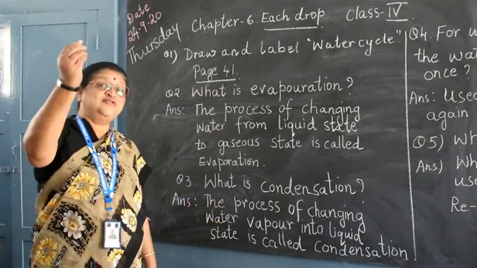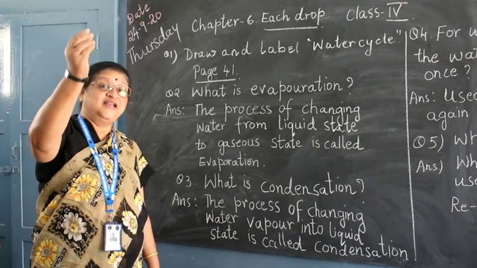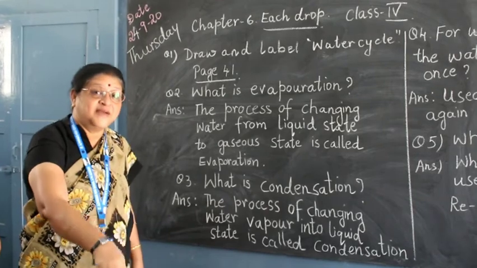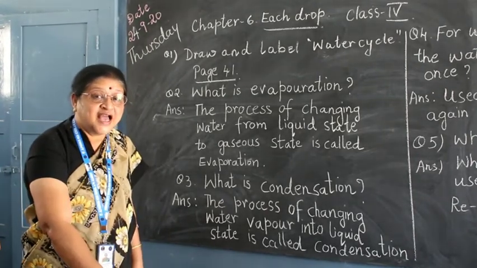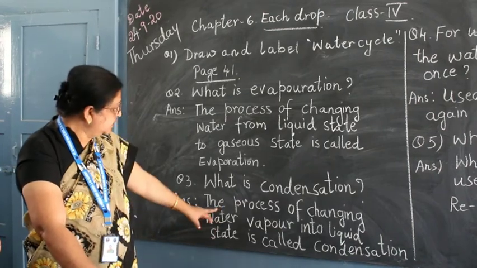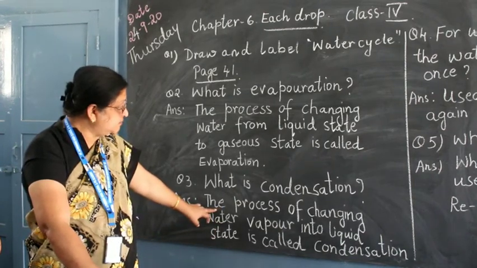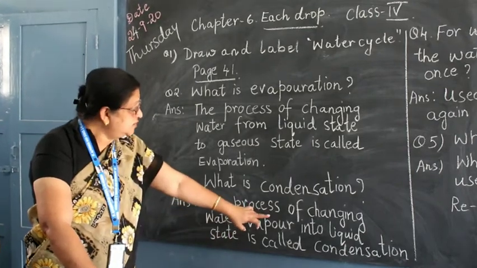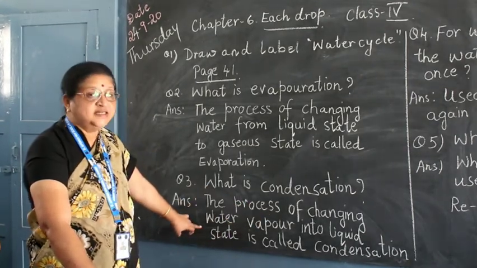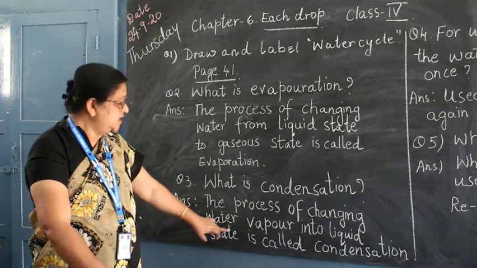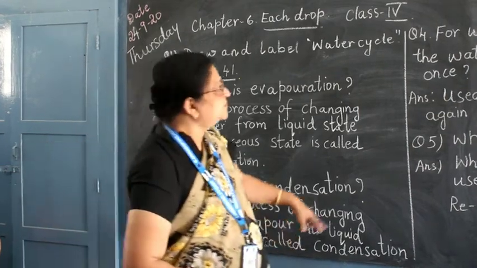It forms into drops of liquid and becomes cloud, and then it is cooling and falling back onto the earth. How? In the form of rain. So you can write this process, that is the process of changing water vapor into liquid state, again forming as rain, drops of water on the earth, is called condensation.